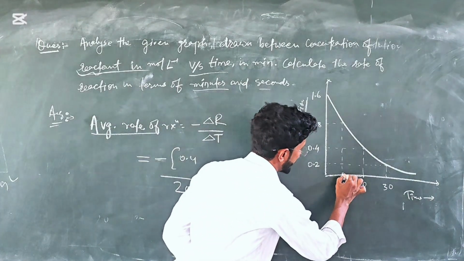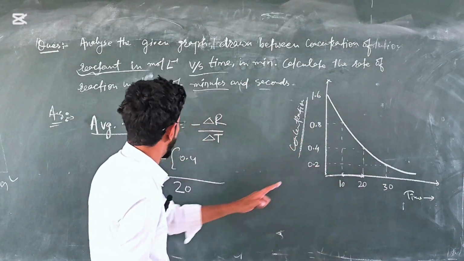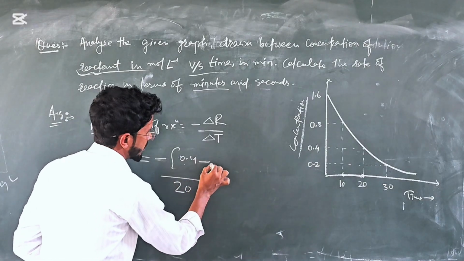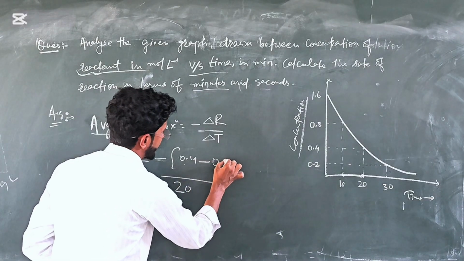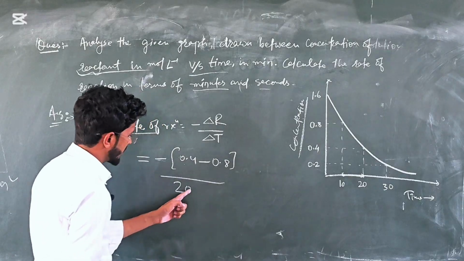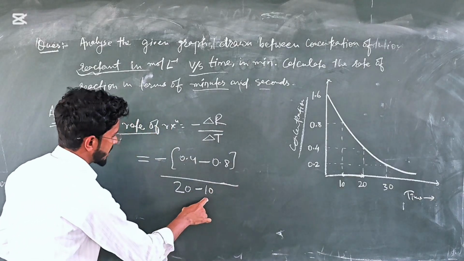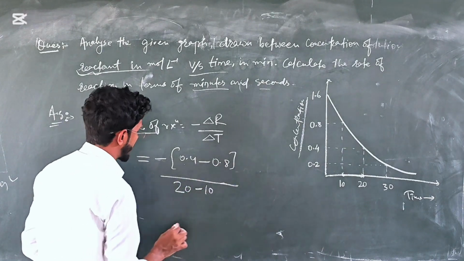We are observing from t equal to 10 to t equal to 20. At t equal to 20, concentration is 0.4, and at t equal to 10, concentration is 0.8. So final time minus initial time, and final concentration minus initial concentration.